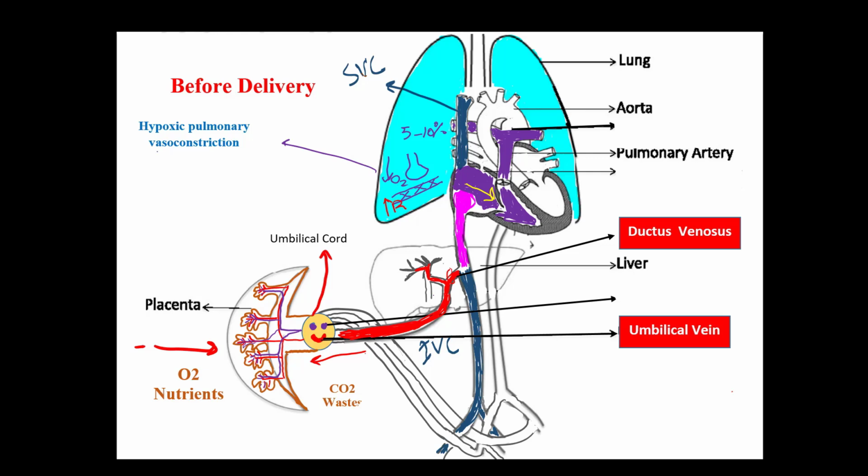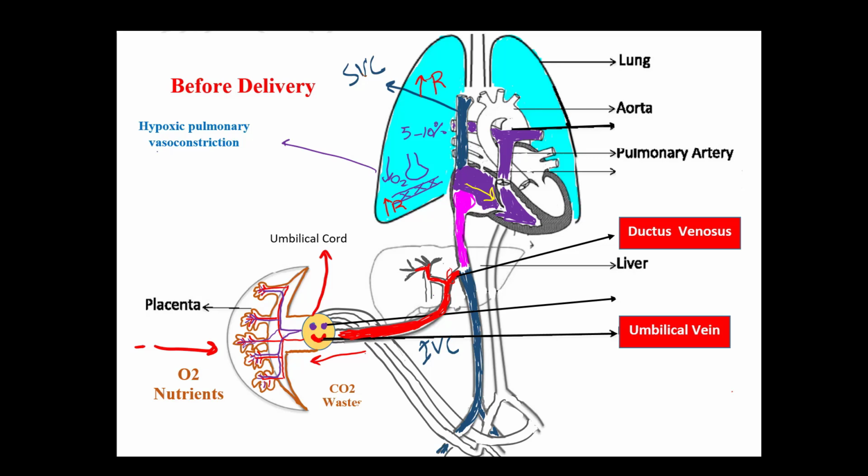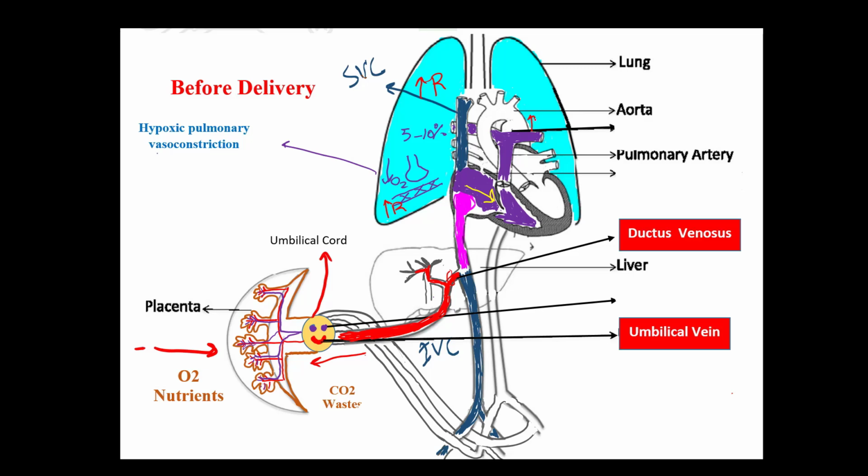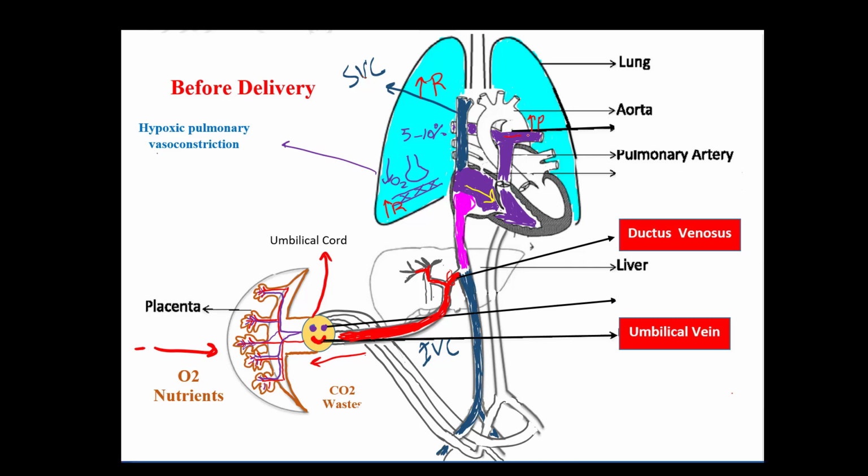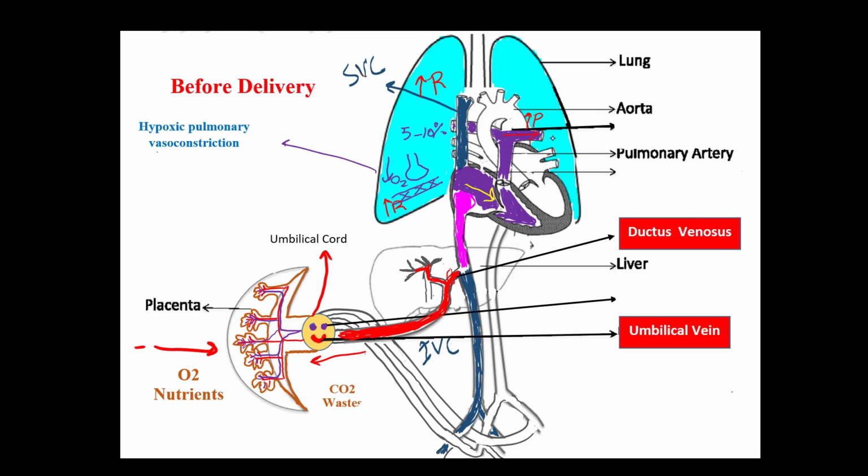This is reflected in the lung, making the lung highly resistant. The high resistance in the lung is reflected in the pulmonary artery, making high pressure in the pulmonary artery, because the pulmonary artery blood here fights to enter the lung, but only 5 to 10% enters the lung.